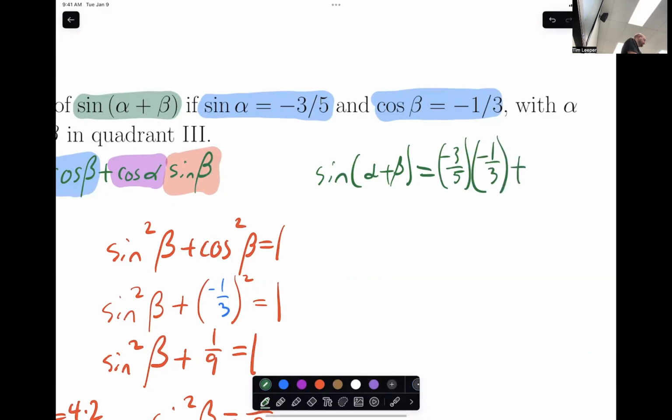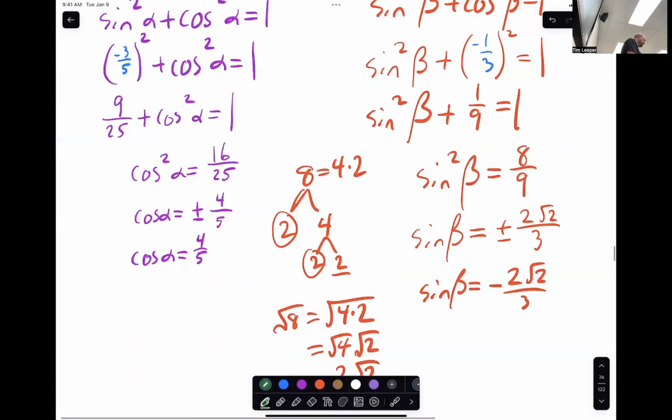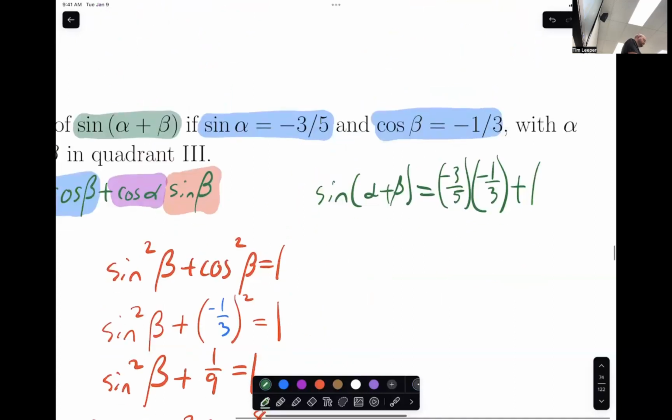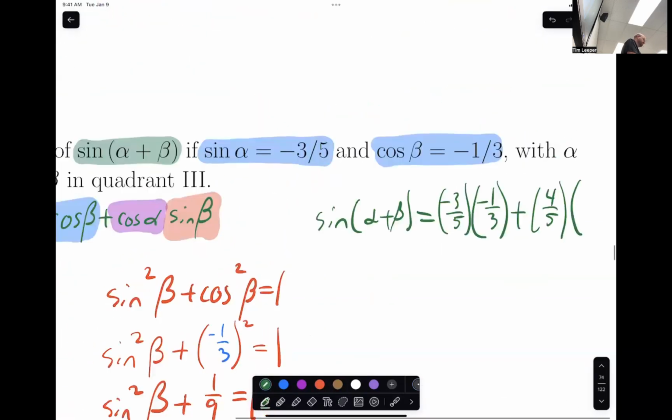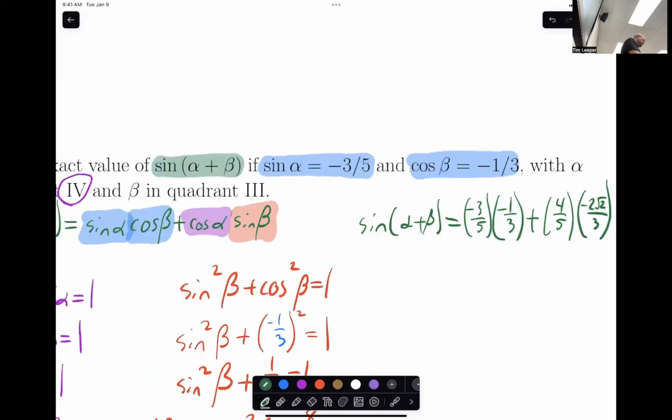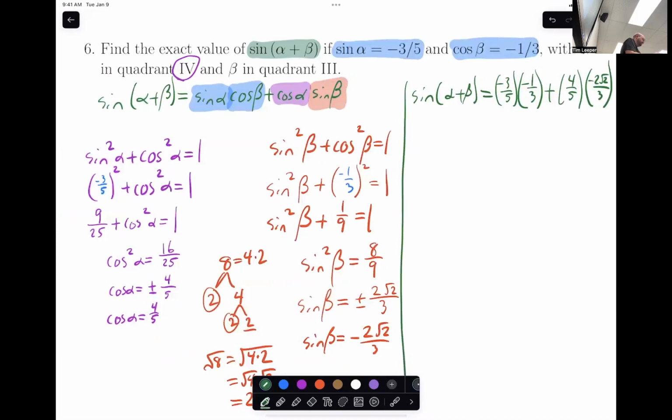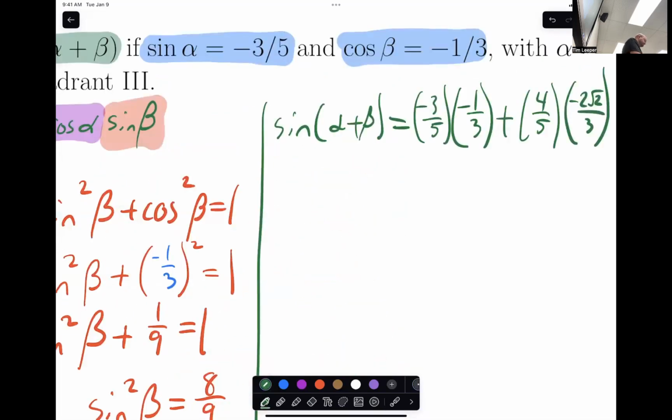And then plus cosine alpha was 4/5 times sine beta, and sine beta is negative 2 root 2 all over 3. Good deal. And then you simplify. 2 negatives gives a positive, the 3's cancel, leaving us with 1/5. But because we're going to have a common denominator of 15 anyway, I'm going to make that 3 over 15.